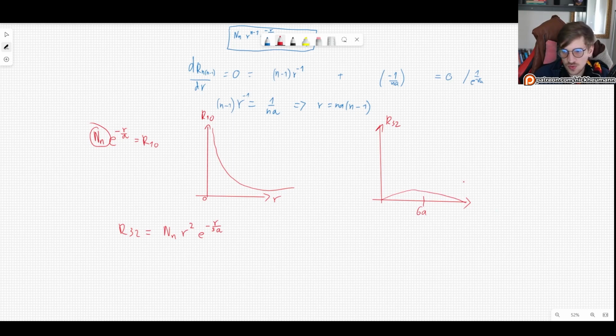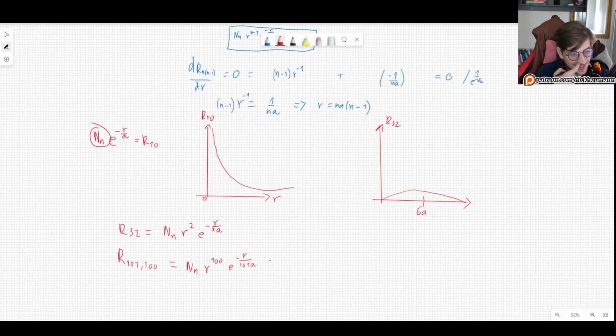And then if you go way higher, like, I don't know, 101 and 100 or something like that. So we go R101,100, right? So we are way higher here. This would be the normalization constant, r to the 100, e to the minus r over 101a.